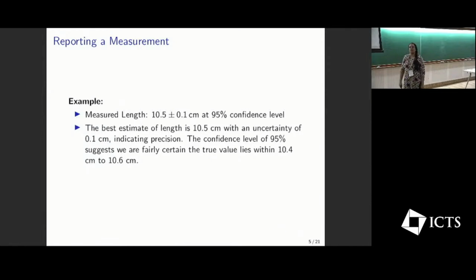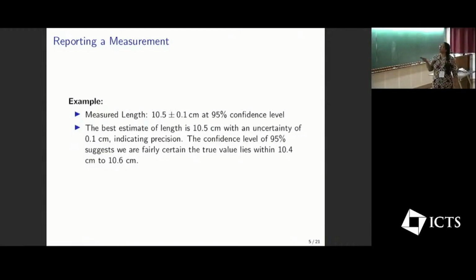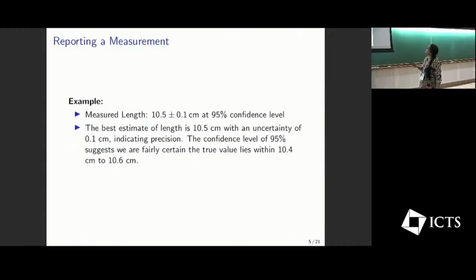Okay, so when you measure something and then you want to report it, like in a lab report or in an experiment paper, the respectable way to do that is not just to give an estimate of what you think the measurement is, but also to give the uncertainty and with what confidence you say that this is the estimate. So a complete measurement would have all of these different quantifications. One is the best estimate of the measurement, then there is a quantification of the uncertainty of that measurement.